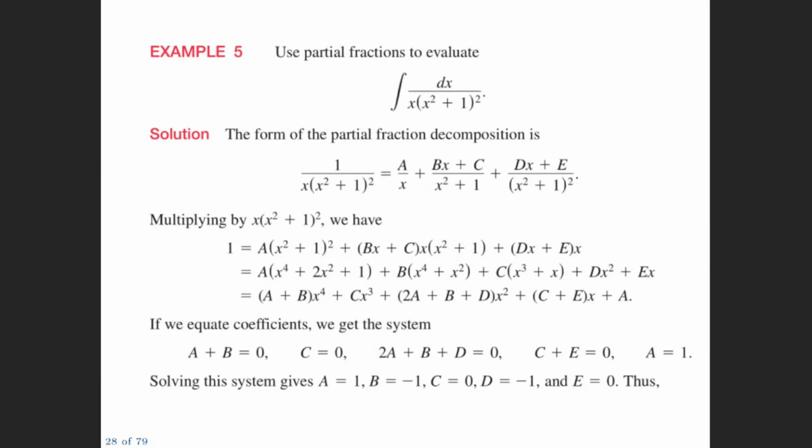Another one from the textbook. Use partial fractions to evaluate the integral dx over x(x squared + 1) squared. This time we need something over x plus something over x squared + 1 plus something over (x squared + 1) squared.